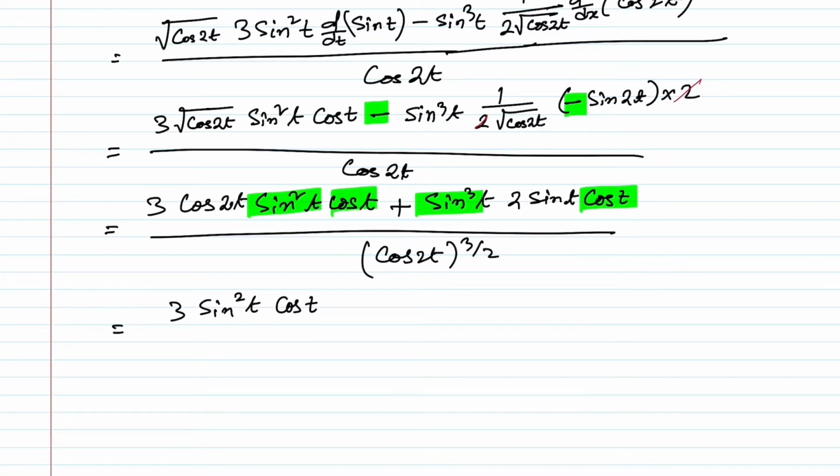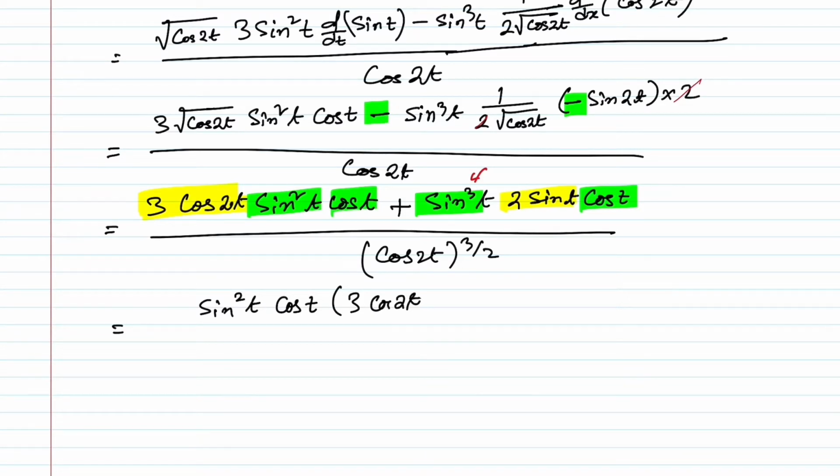After taking this term common, 3 cannot be taken as common. Within the bracket we will get 3 cos twice t and 2 sin t, not only sin t, because here you see this is cube, so after taking sin square common we will get one more sin t here.